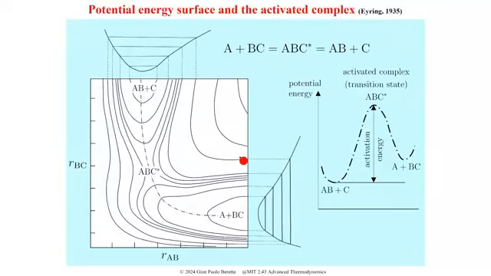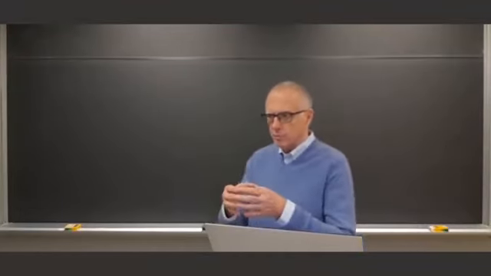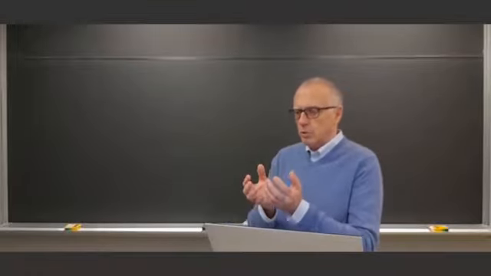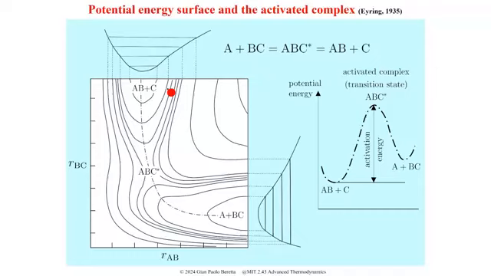You remember this picture in which we presented the idea of a potential energy surface, and that's what we used to define the activated complex. The potential energy surface represents the energy at zero temperature of the various configurations with which you can find the reactants or the products. For example, these are the reactants, these are the products.